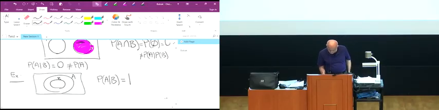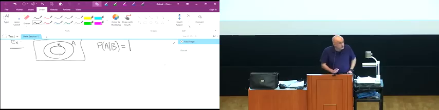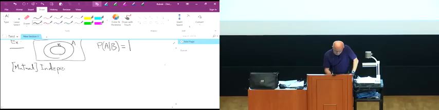Now, let's extend this idea of independence. Any questions on what we've done? Okay. Let's extend this idea of independence, or in some books you will see mutual independence, of a set of events A1 through AN.